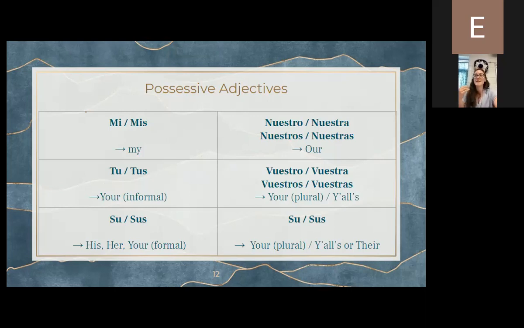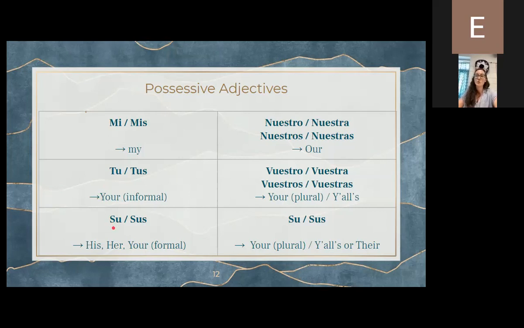So to say my, you have two different options. You can either say mi or mis. So if I say mi amiga, that is my friend, or mis amigos, my friends, plural. Your class would be tu clase. Your classes would be tus clases.